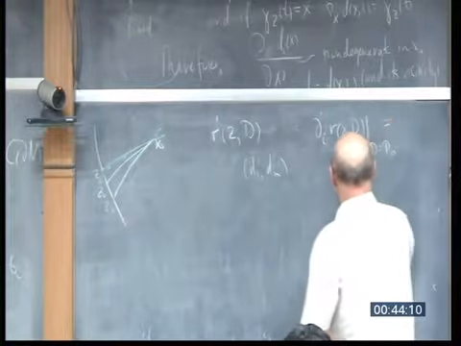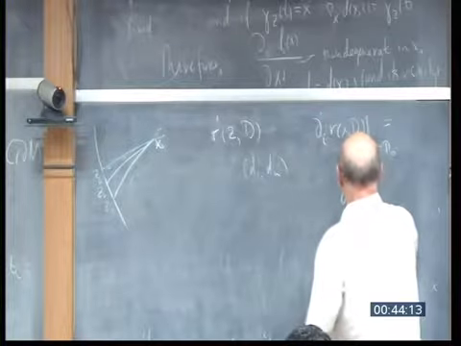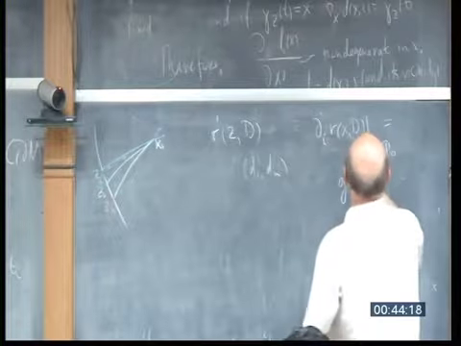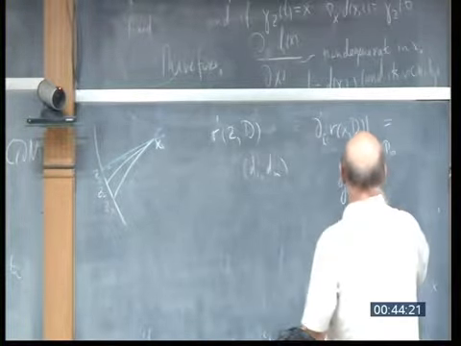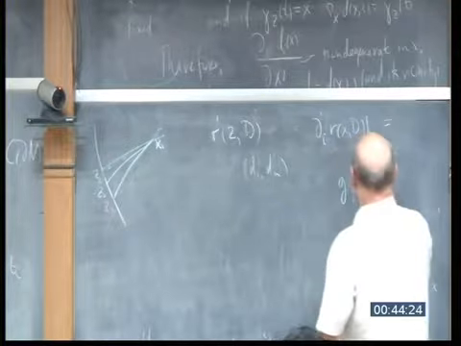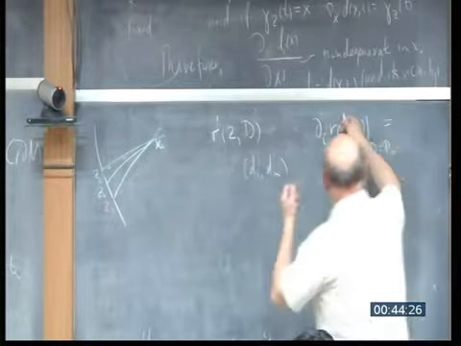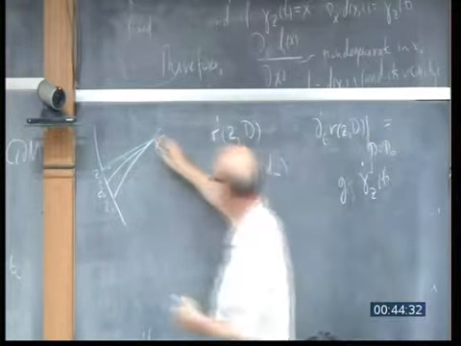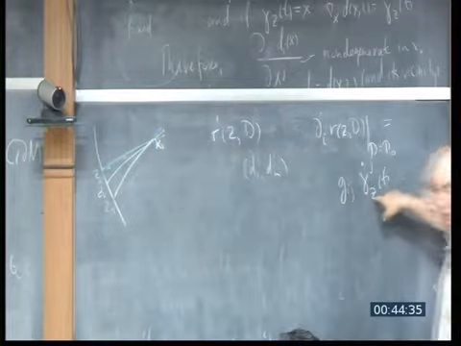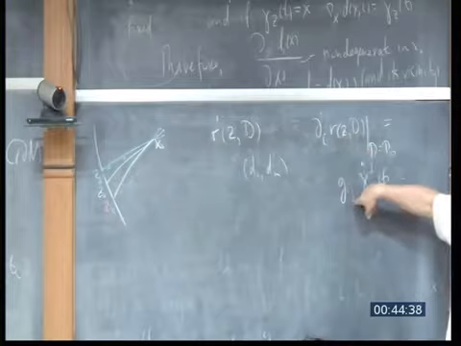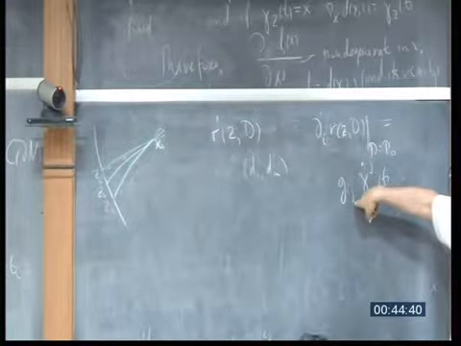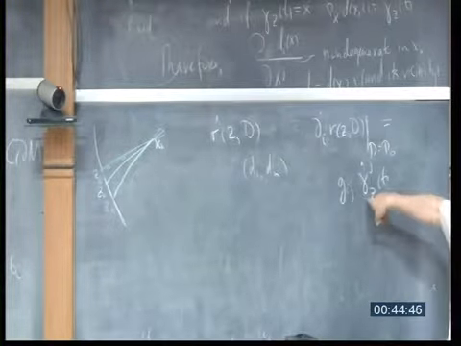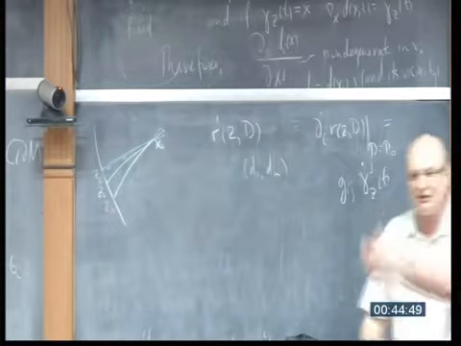What is that? This is g_ij of the gradient, gamma dot j, from the point z to the point t. So this is this vector, and to go from the vector to the covector, we lower the index. But what is the gradient? So what is the velocity? The gamma dot is the velocity of the geodesic. What's the velocity of a geodesic?